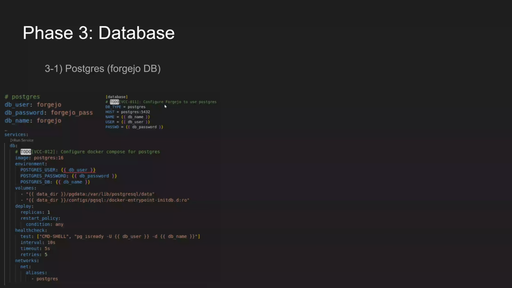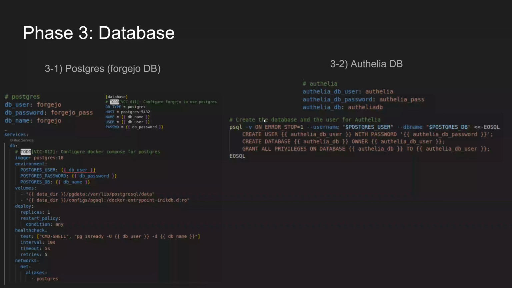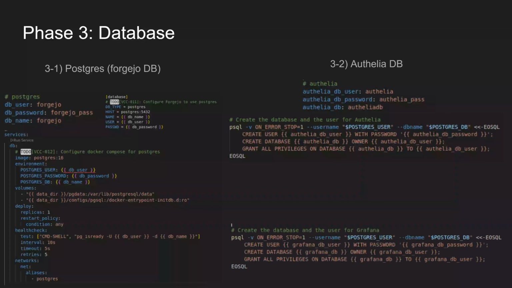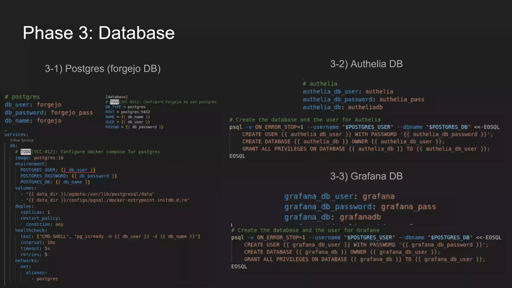Then we configure Forgejo to use Postgres, and with some queries, we add the Authelia and Grafana databases to our Postgres.